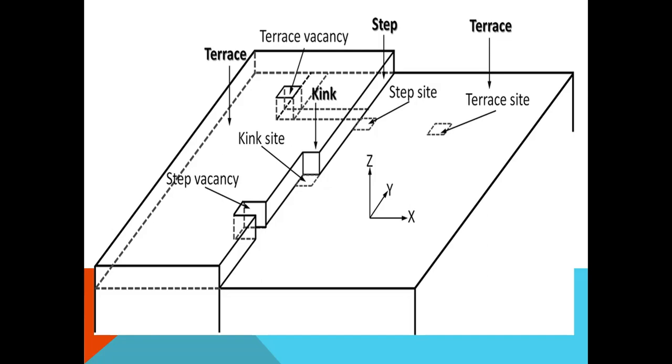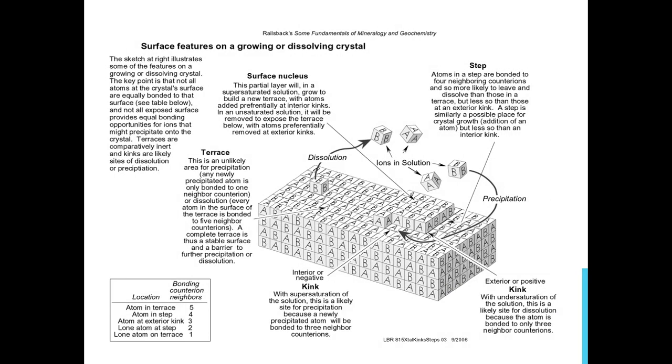It can be noticed that terraces, steps, and kink sites, these lattice defects, are locations for corrosion. Surface features on growing or dissolving crystals: adsorbed atoms can be removed from the surface when the material is subjected to an aggressive environment.